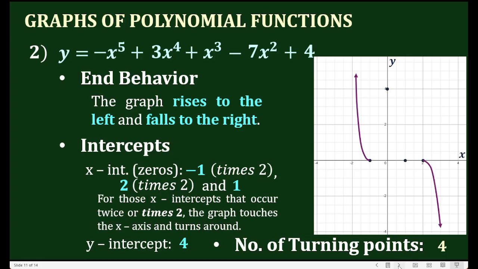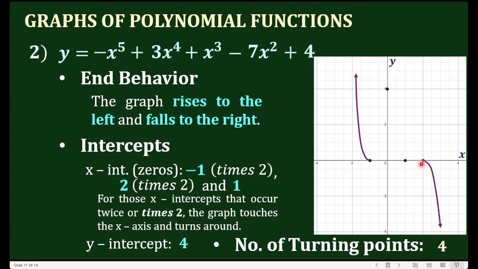Same thing with this one. 2 has even multiplicity, so the graph will just touch the x-axis, meaning it will not cross like this, in this way. It will turn around after touching the x-axis.